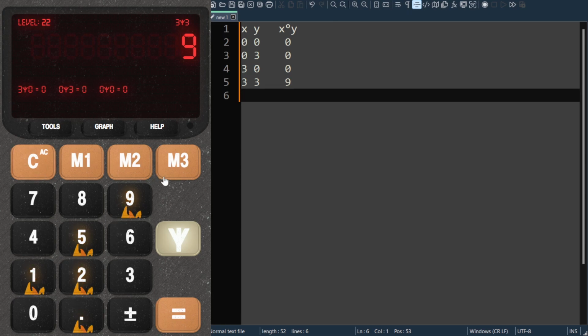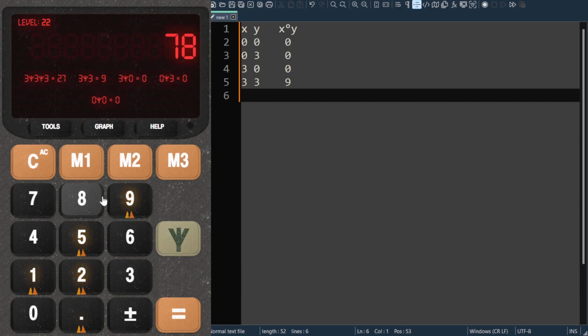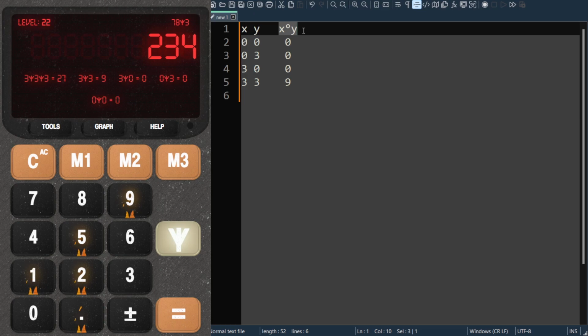Let's try this once more. We're going for 3 psi 3 psi 3, and this should go for 27, correct. Last try, 78 psi 3, 437, 34. It seems to be an algebraic thing that just multiplies the two numbers with each other.